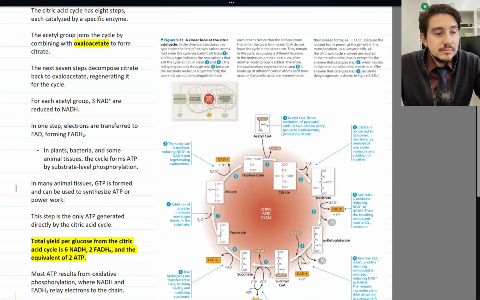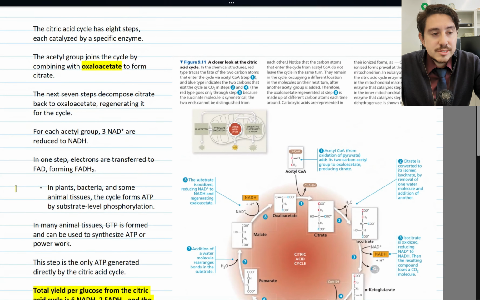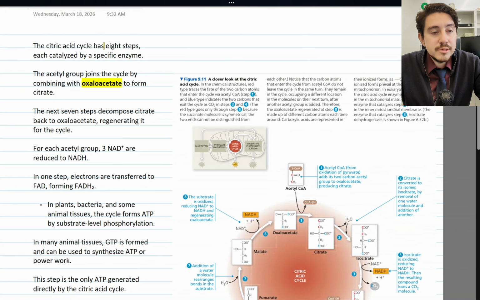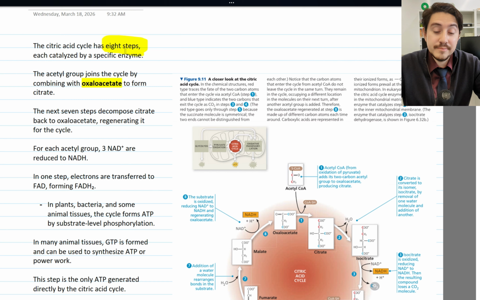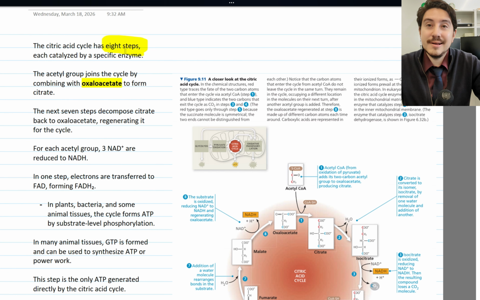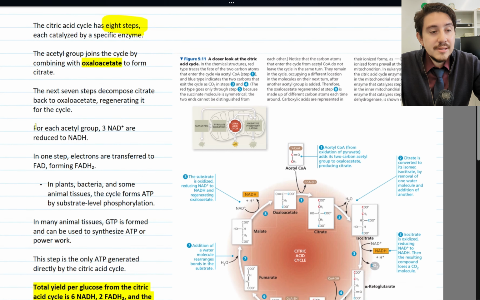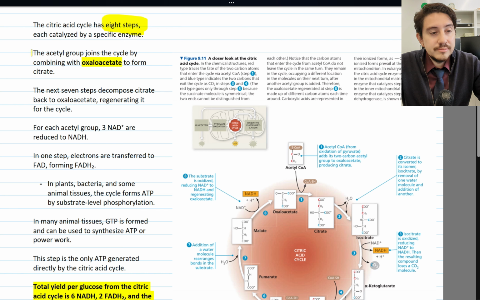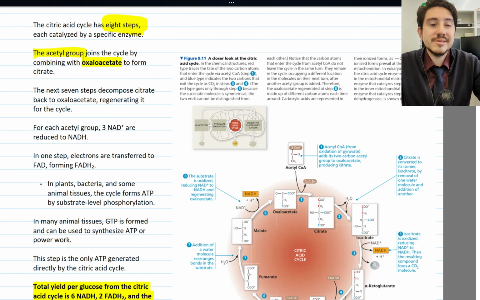So this is the general gist. There are 8 steps. Depending if you're in the AP program or if you're an undergrad, make sure you ask if you are required to know all these intermediate molecules. But this is one thing everyone should know, that the acetyl-CoA starts this cycle.